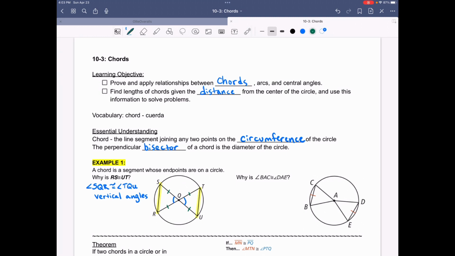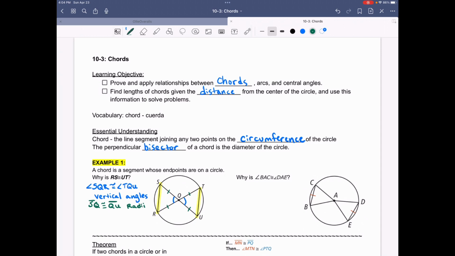Then we're going to say that SQ is congruent to QU because they are radii.